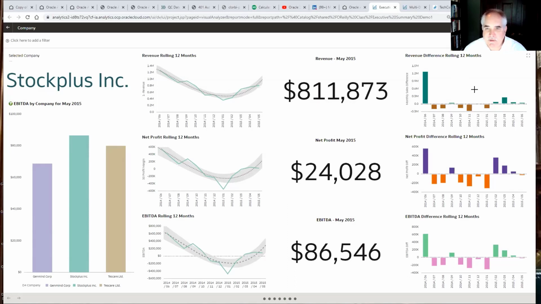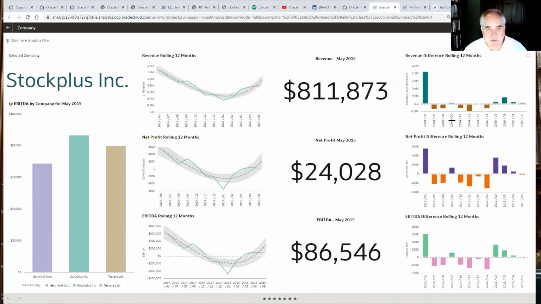We can see the difference, and what we're doing here is we're interpreting the slope of this line so that when it's headed down, we have a descending bar over here. When it's headed up, we have an ascending bar. And that gives us the ability to understand the relative amount of change, whereas the line graph gives us, you know, the overall trend.